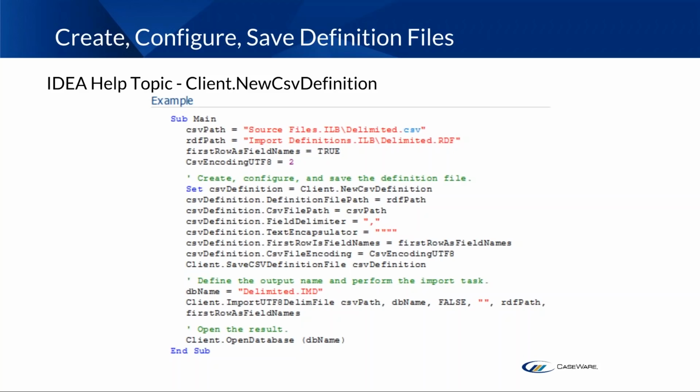So we'll make that available for download as well, should you wish to get it. This sample file should really tell the Python gurus out there how to easily convert that into Python to do the same behavior. This is an IDEA Health topic, and it's called Client New CSV Definition. You can find that right within IDEA Health and get an example on how to do this crazy cool stuff yourself as well.